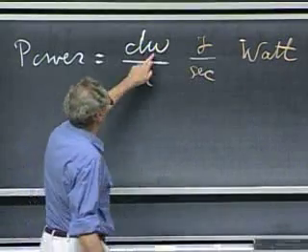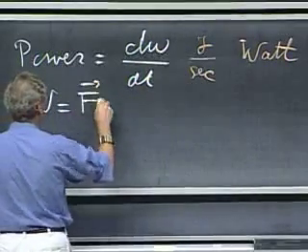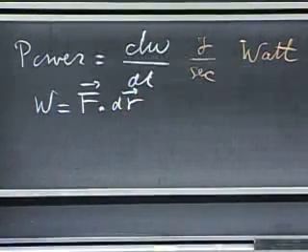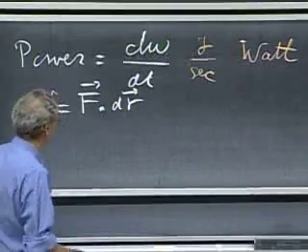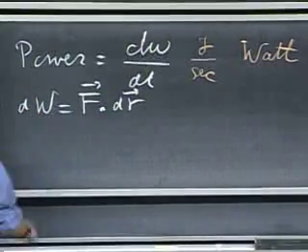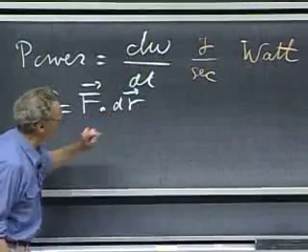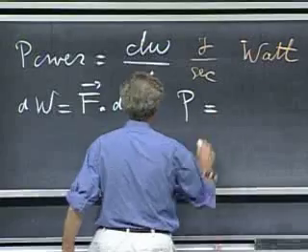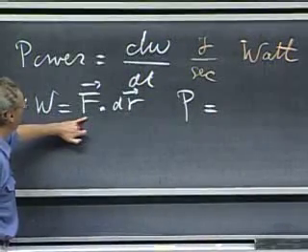Now, the work that the force is doing is the dot product between the force and a certain displacement. We have dealt with that before. That is a little bit of work that I'm doing, right? I have a force which is constant during a small displacement. And so I can substitute that in there, and so I get that the power is the derivative of this versus time.